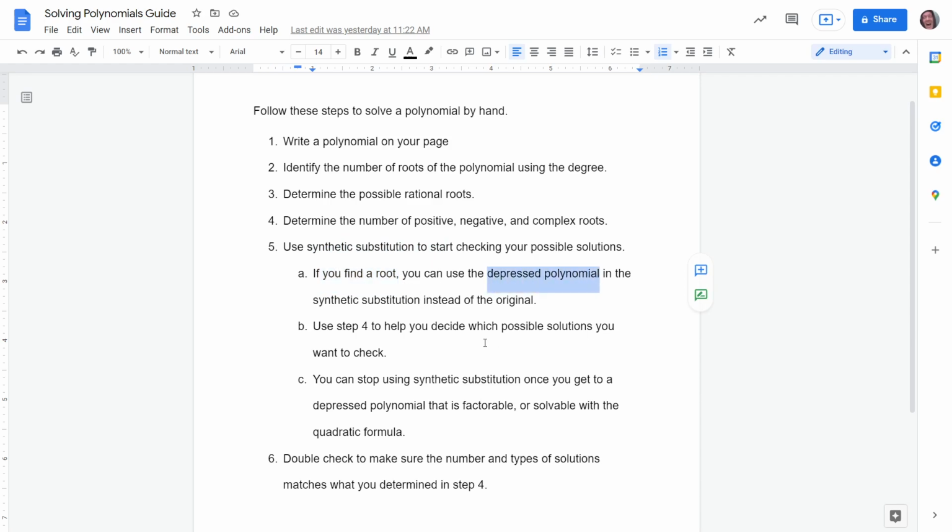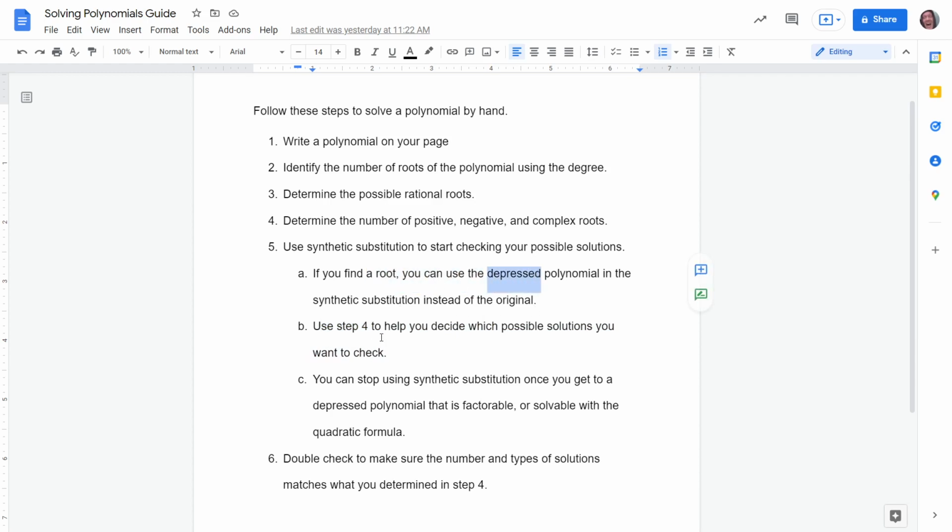you start using the depressed polynomial. You don't go back to the original. You've already done work to factor out a whole thing. Like if I'm trying to factor out a cubic, and I just got it down to a quadratic, I'm not going to just go back to the cubic to keep looking through roots. I'm just going to start working with the quadratic. So you're going to use the depressed polynomial.